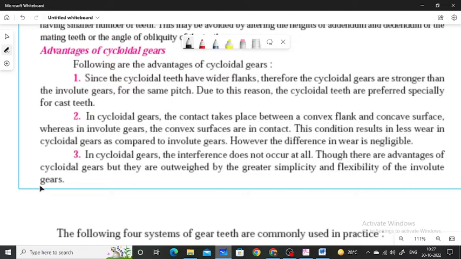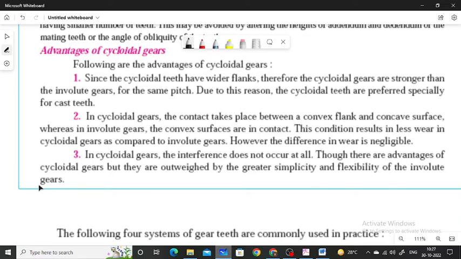This condition results in less wear in cycloidal gears as compared to involute gears. However, the difference in wear is negligible. So this is the next advantage of cycloidal gears.